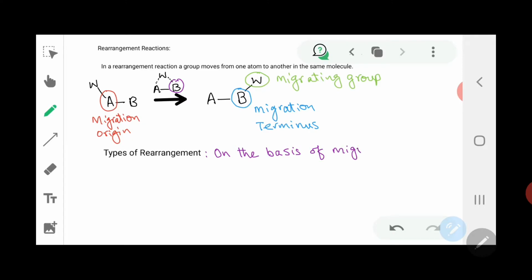So here are the different types of rearrangement, and this classification is on the basis of migrating group nature.